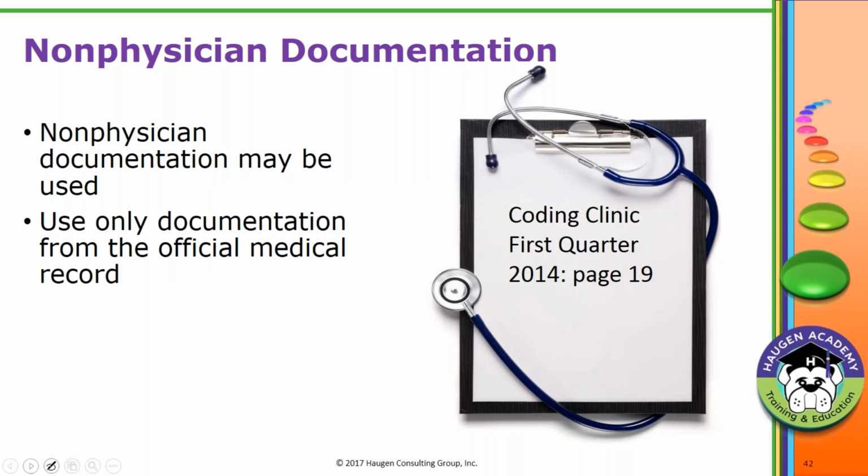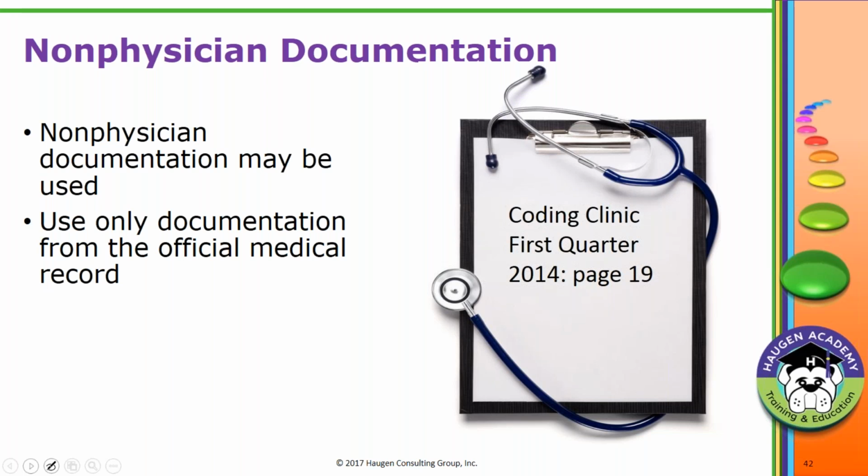And this is a really good question that Coding Clinic addressed for us. Non-physician documentation. Questions have come up because of these external cause codes, and we know that oftentimes the provider themselves may not give us that depth of information that we want, but sometimes the nurse's notes will have it, or sometimes the ambulance transport notes will have it, or be above and beyond.